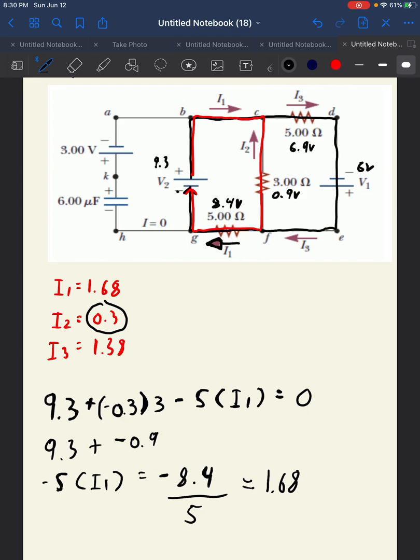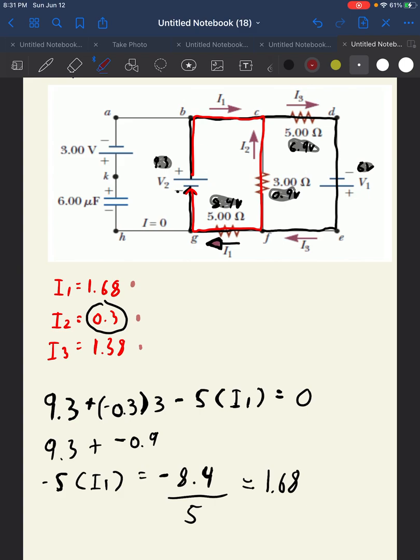So once again, recap. We were able to, via matrices, solve every single portion of this circuit. We found the voltage of this resistor, this resistor, this resistor, and this resistor, and we also found the current of I1, I2, and I3.